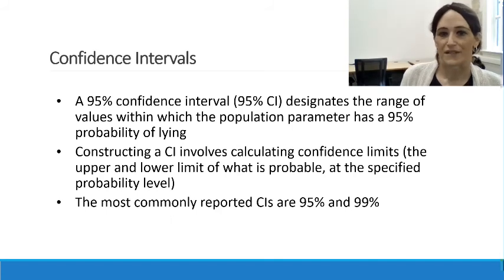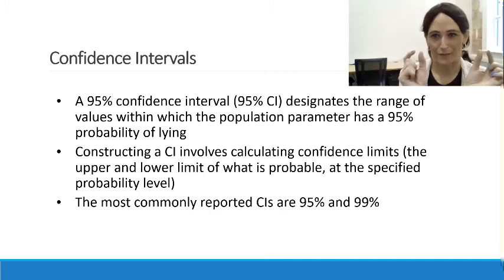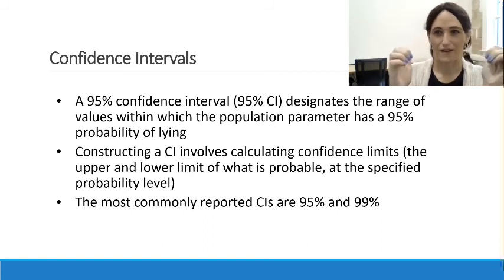So a 95% confidence interval designates the range of values within which the population parameter has a 95% probability of falling. Again, if you think about a normal curve, those tails are going to represent about 2.5% each. So when we say we're 95% confident, we're saying that it's somewhere in that distribution of values.